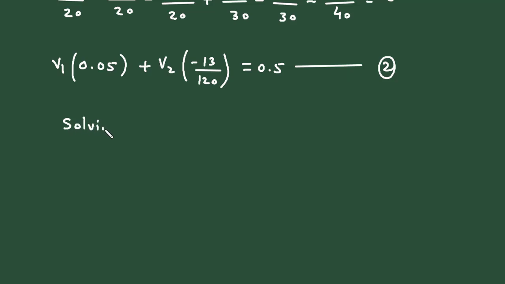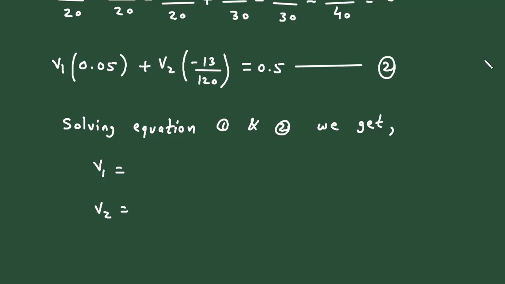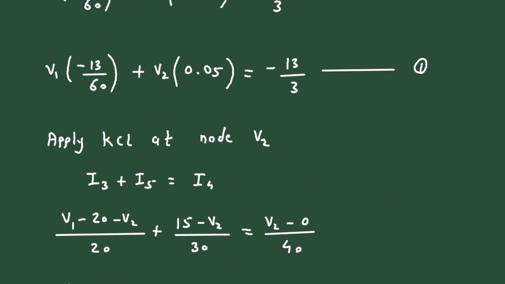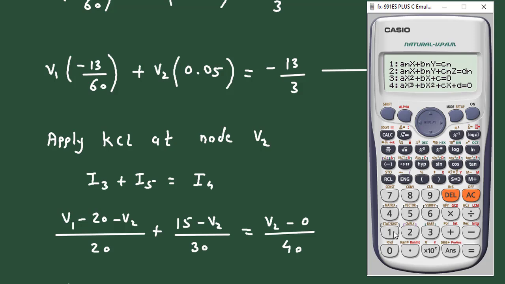So solving equations 1 and 2, we get V1 and V2. Let's solve this. Minus 13 divided by 60, then 0.05, then minus 13 divided by 3.